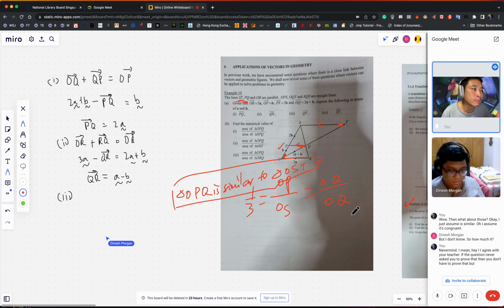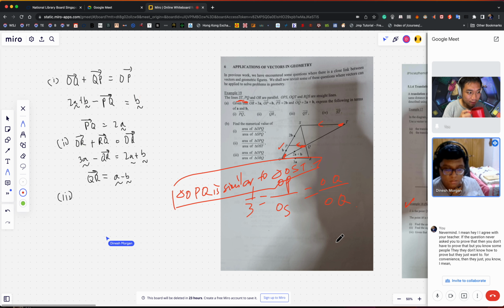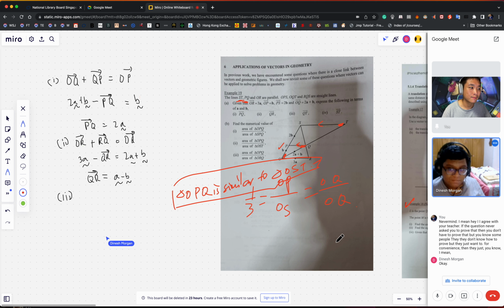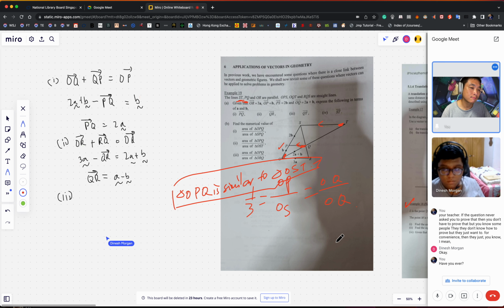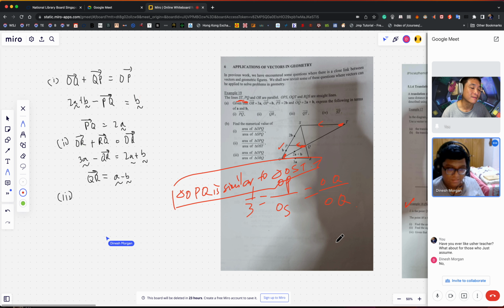But some people don't know how to prove, and just want to assume for convenience. Have you ever asked your teacher about those who just assume? No, I haven't asked.